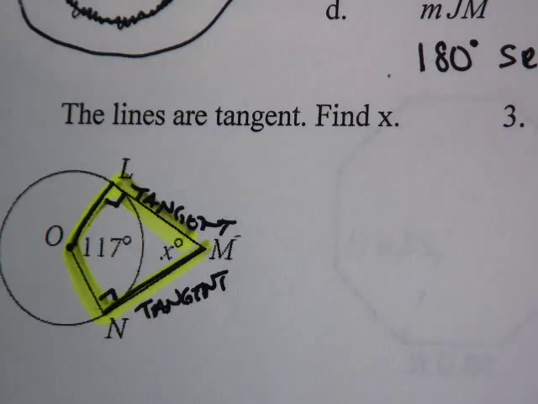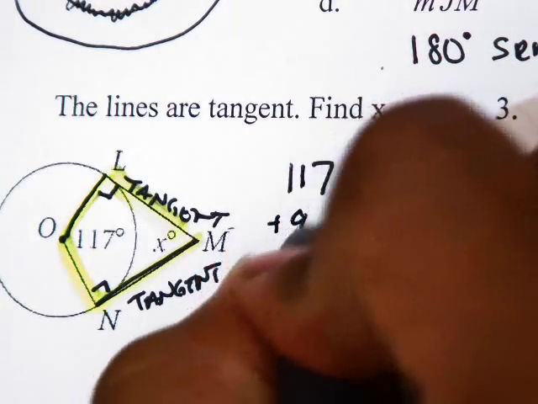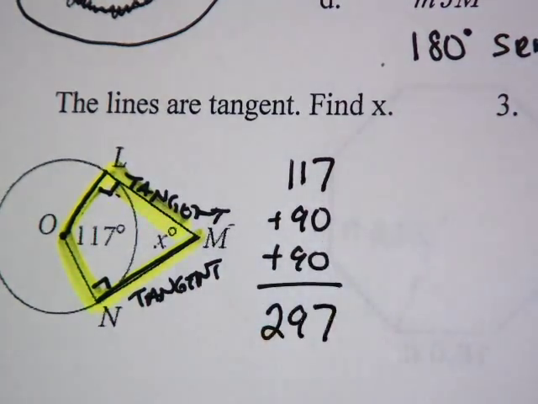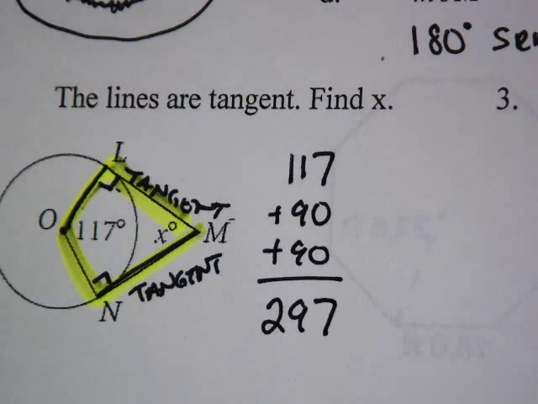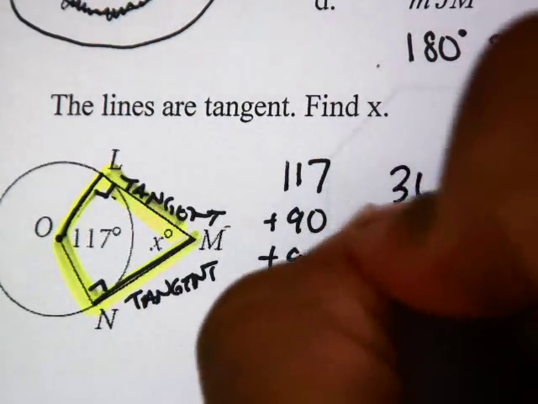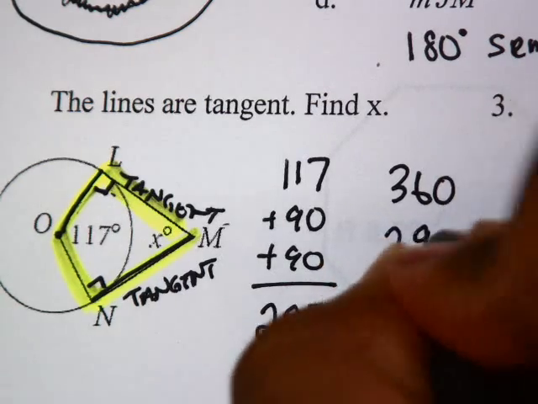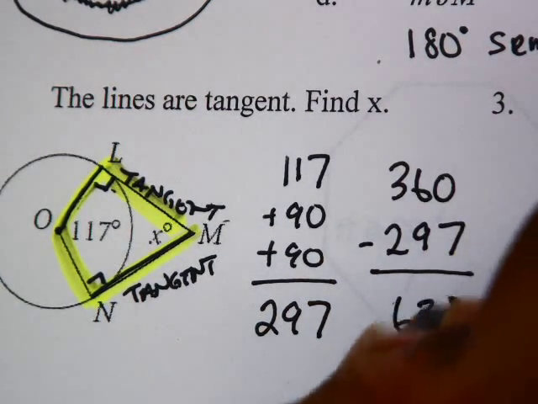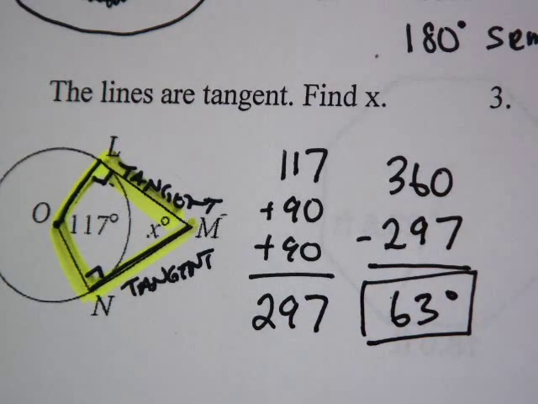All four-sided shapes should add up to 360 degrees. So I'll take 117 plus the 90 from there plus the 90 from there, and that's 297. And I'm going to subtract that from 360 because all four-sided shapes add up to 360 degrees. So x has to be 63 degrees.